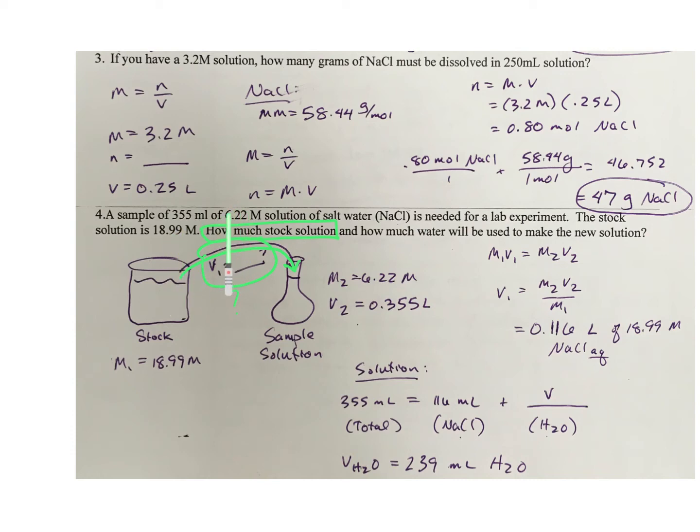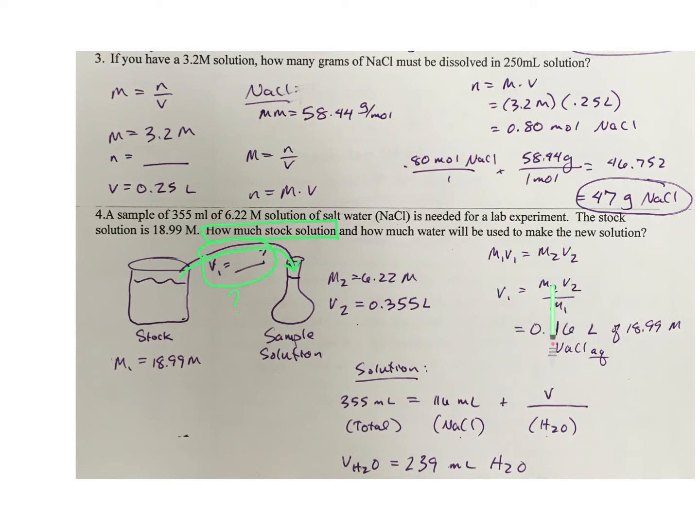So you are literally diluting it, so you have to add some water. The amount that you take out is V1, and how much water you add depends on the total volume of the solution. The first step is to determine how much of the original stock you should pull out, and that uses the formula M1V1 is equal to M2V2 because you are diluting it.